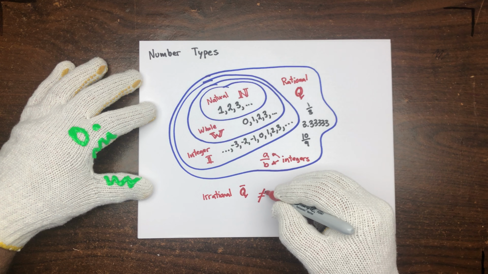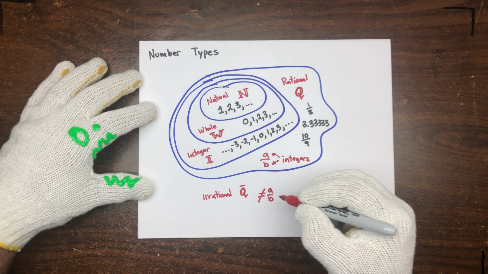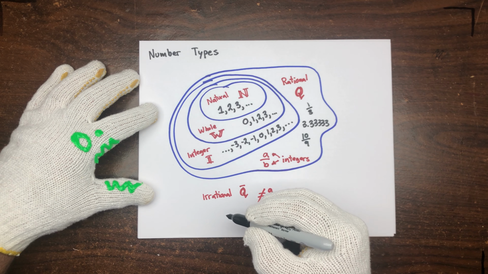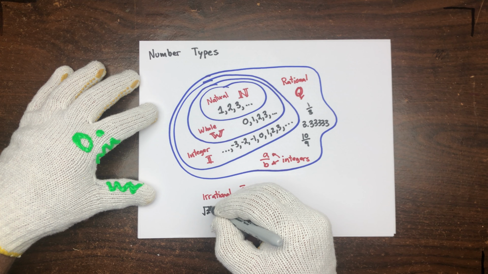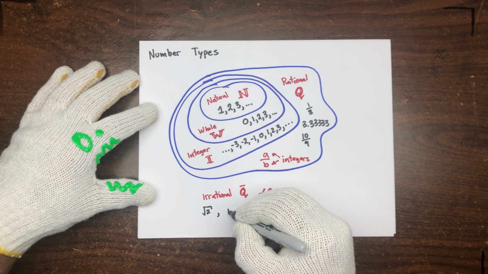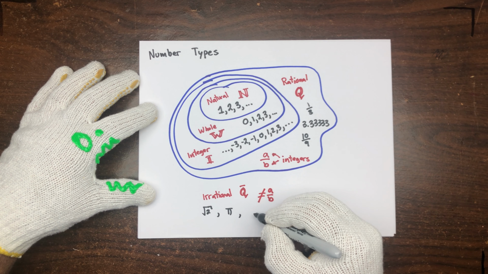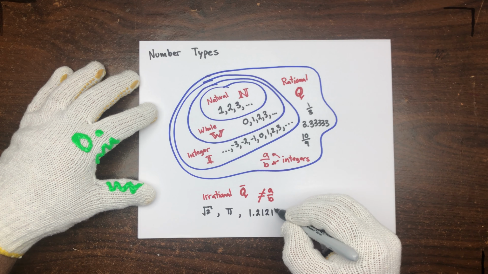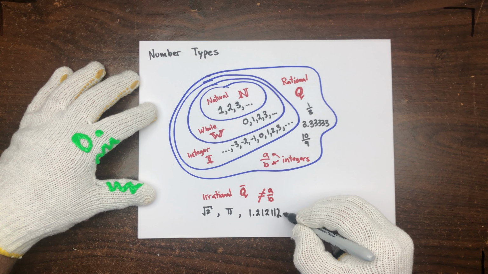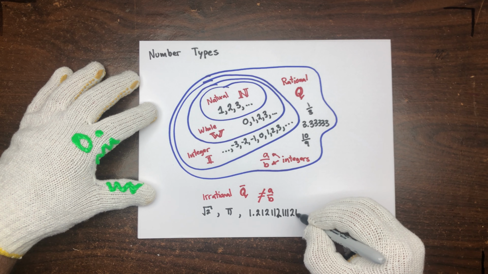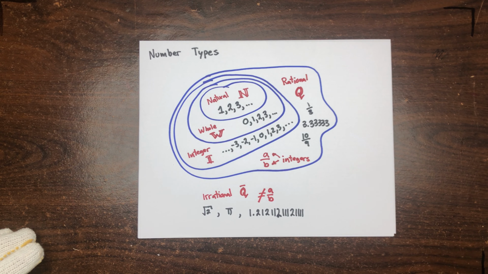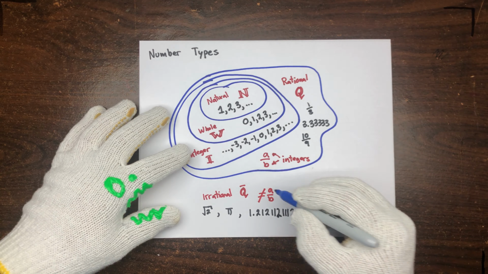Okay, it's a big no. So numbers like that include √2, pi, a made-up number that I'll just make up right now, 1.21211, 21112, 21111. Okay, you can't represent that as a fraction. These are irrational numbers.